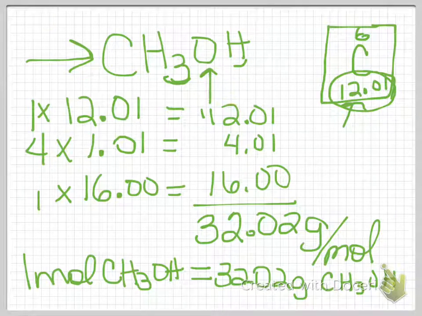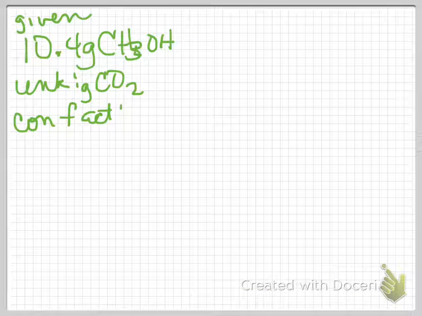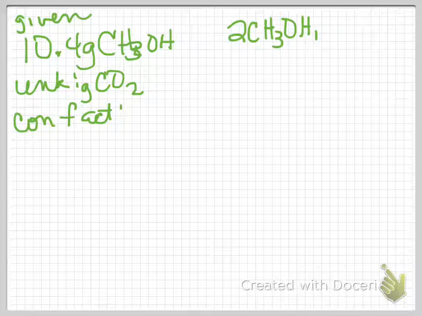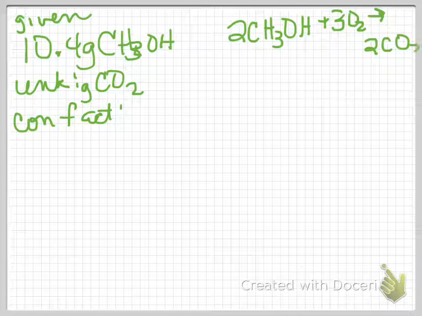So I'm going to flip back over here, and I'm going to rewrite that balanced equation. It was 2 CH3OH plus 3 O2s goes to 2 CO2s plus 4 H2Os.